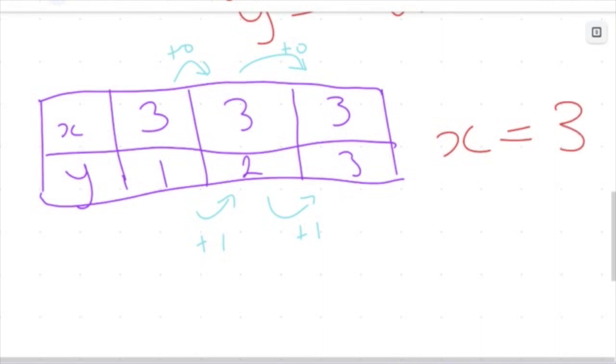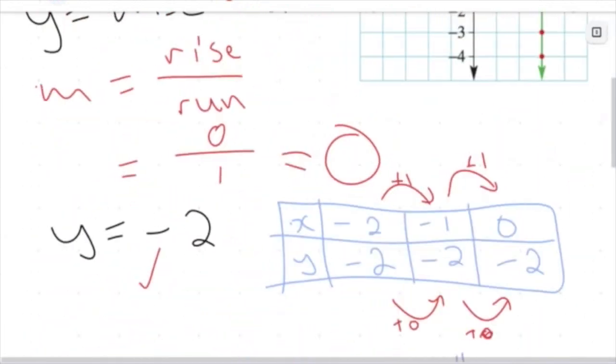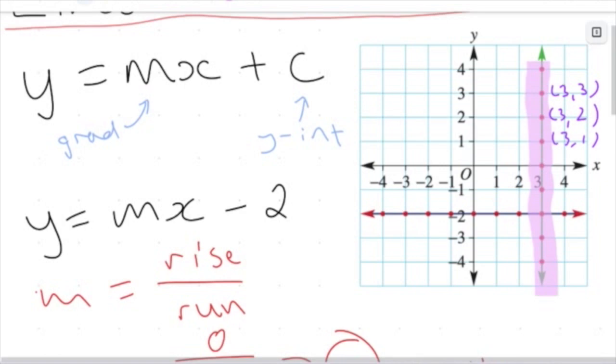Because there is no relationship between the x and y variables. No matter what happens in y, my x always runs along this x equals 3 coordinate. In all of these points here, my x coordinate is always going to be 3.